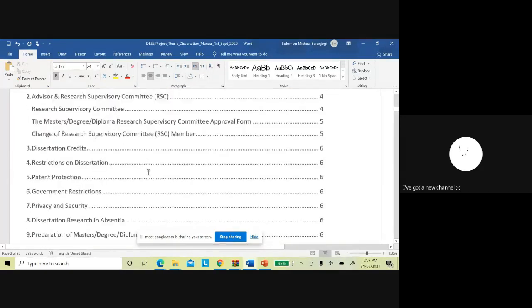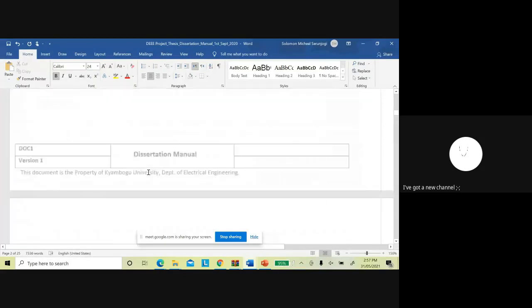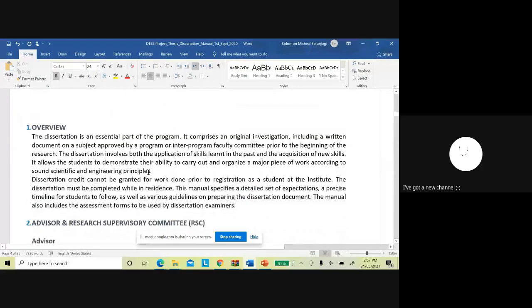So basically, a student is expected to take this very seriously because, as Dr. Serugunda said, it is the bloodline of the student in terms of their ability to negotiate in a job situation or in an academic setting. So a project is always very important.